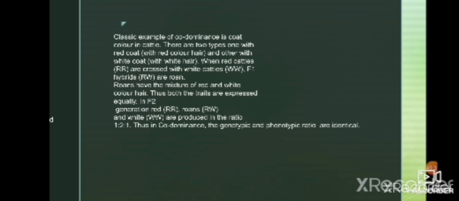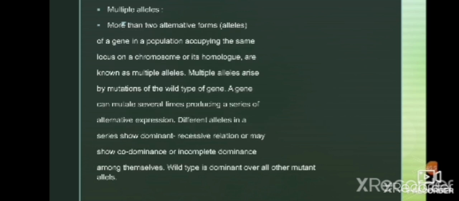Thus, both the traits are expressed equally. In F2 generation, red, capital R, capital R, roans, capital R, capital W, and white, capital W, capital W, are produced in the ratio 1 as to 2 as to 1. Thus, in codominance, the genotypic and phenotypic ratio are identical.